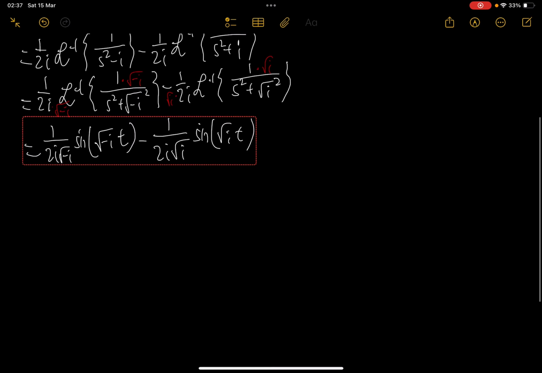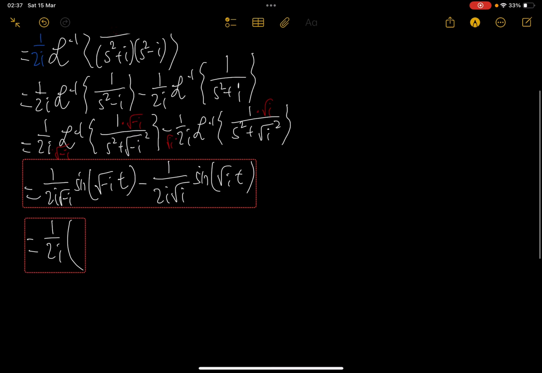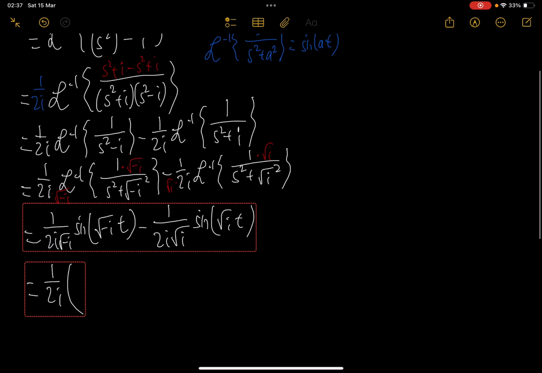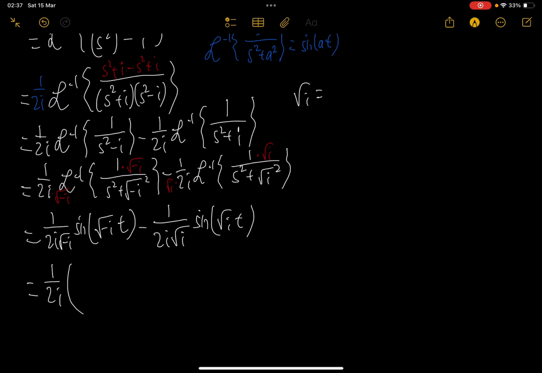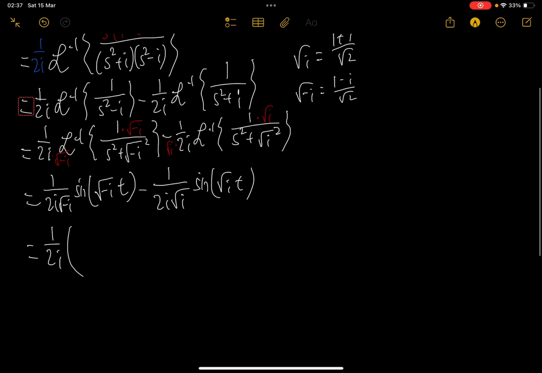And here I'm going to factorize 1 over 2i. And here remember the formula: the square root of i is equal to (1 plus i) over the square root of 2, and the square root of negative i is equal to (1 minus i) over the square root of 2. And then we are going to do the 1 over the square root of i here.